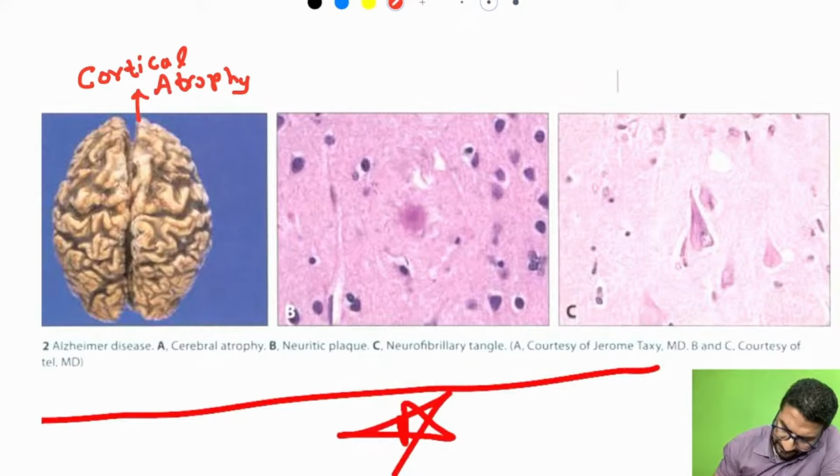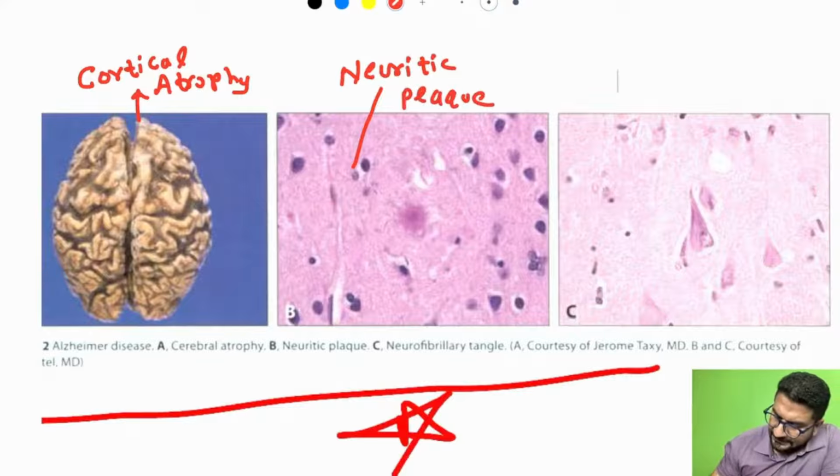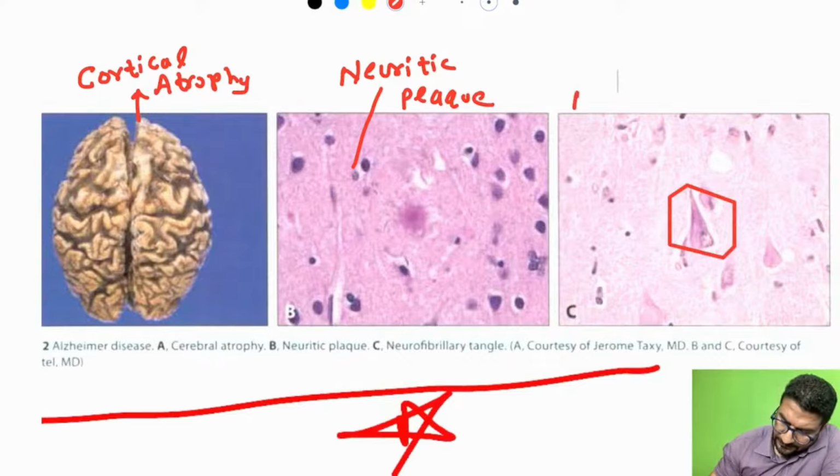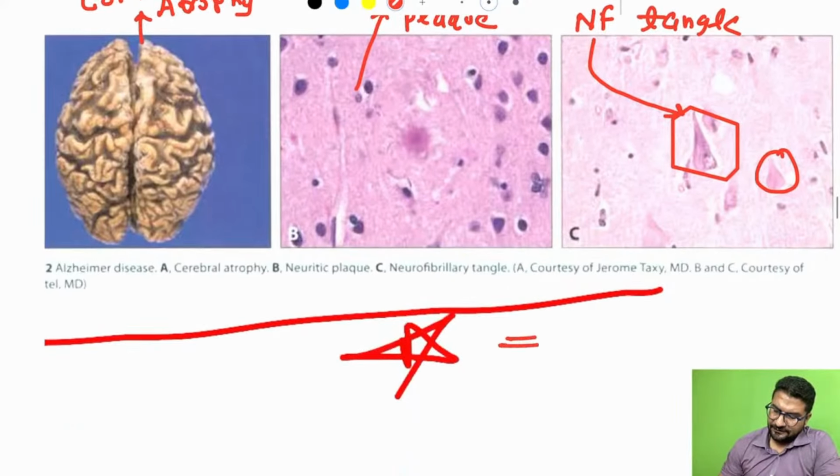We call them neuritic plaques. And these triangular structures are called neurofibrillary tangles. Neurofibrillary tangle. So these are the changes which we see in a patient with Alzheimer's disease.